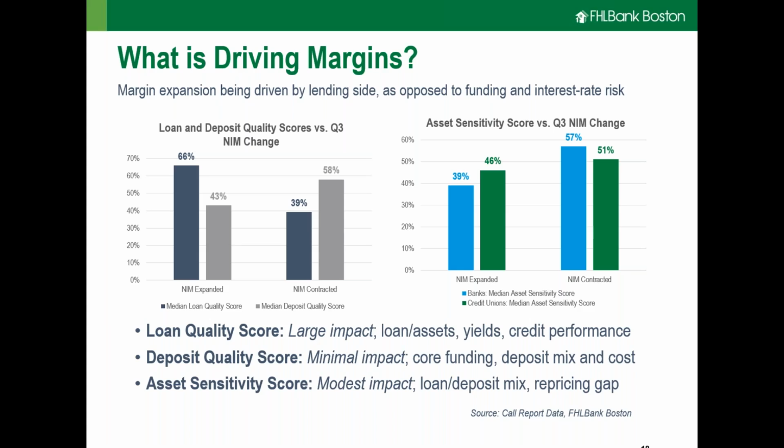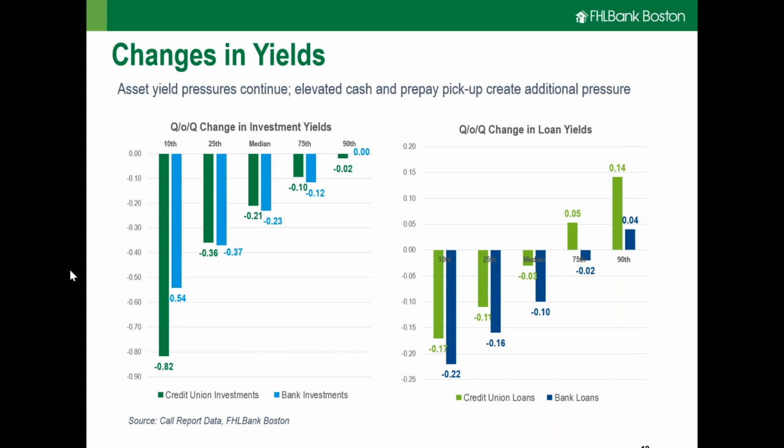So moving to the next slide, looking at how the yields on the asset side of the balance sheet changed. We saw pretty sharp drawdowns in investment yields, about 21, 23 basis points for the median bank and credit union members. And I think there's an asterisk there, right?